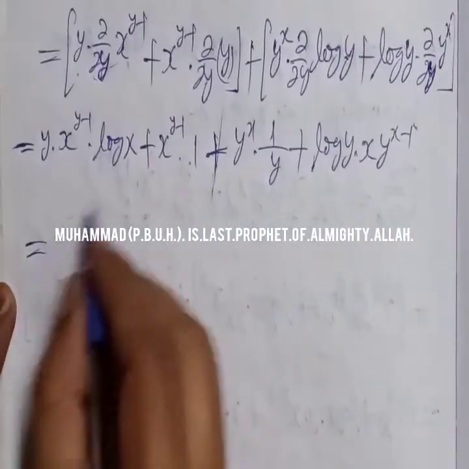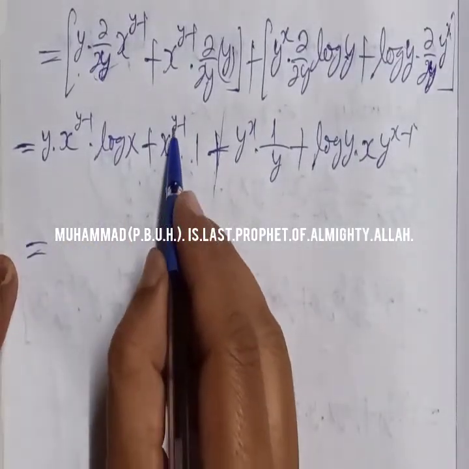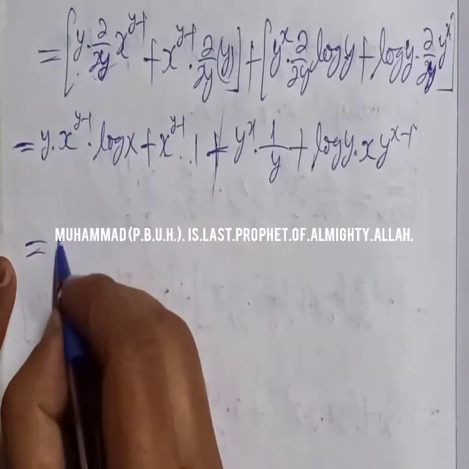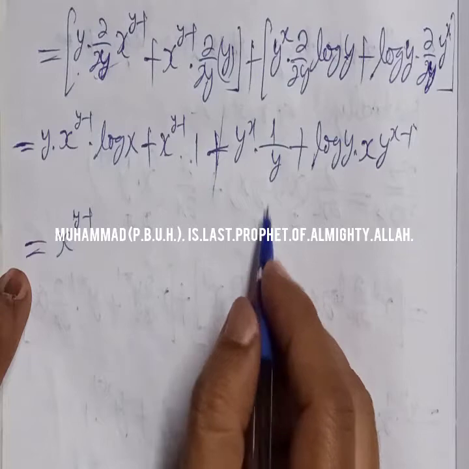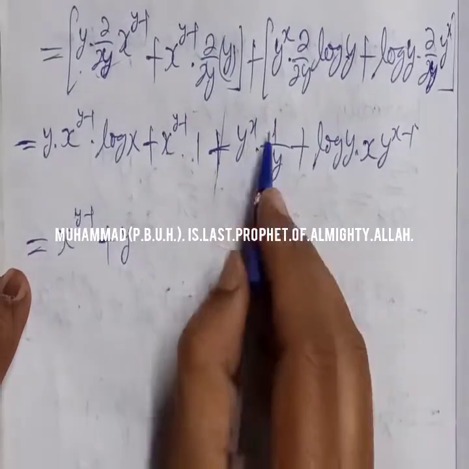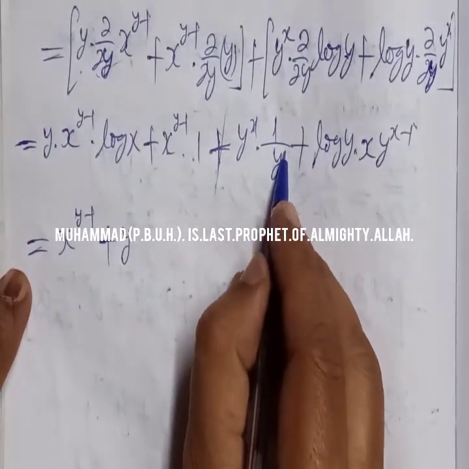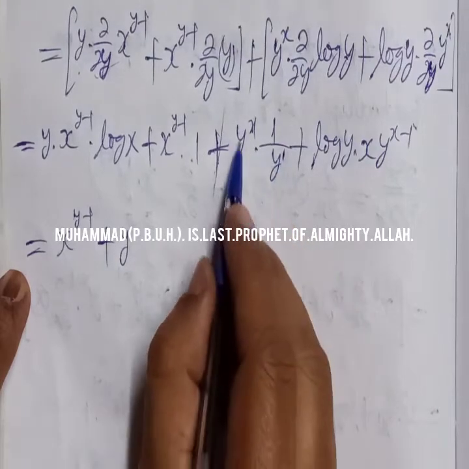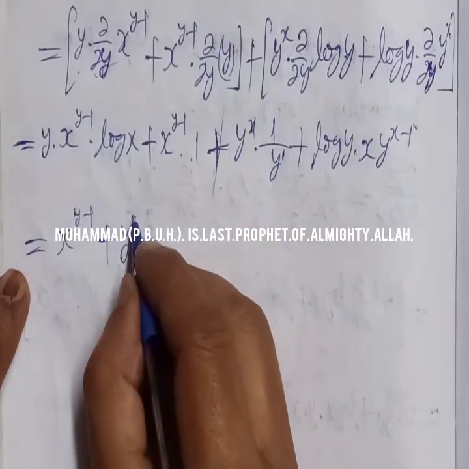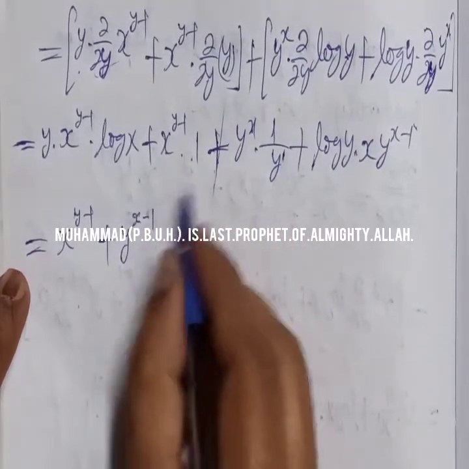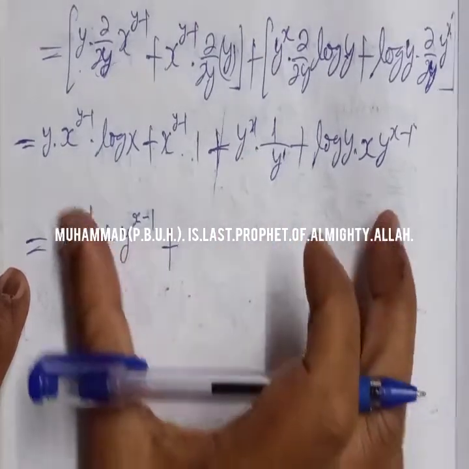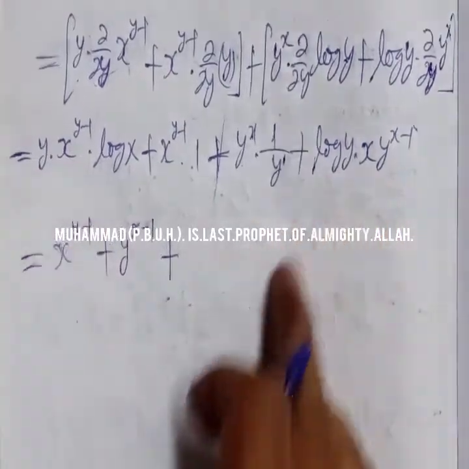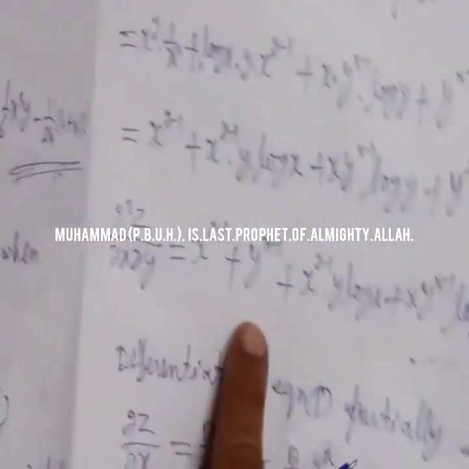I write x to the power y minus 1 here first, x to the power y minus 1 and also y to the power x minus 1, because here is y to the power 1, and on division the power will be subtracted, so y to the power x minus 1. And write these two terms. I write like equation number 2.